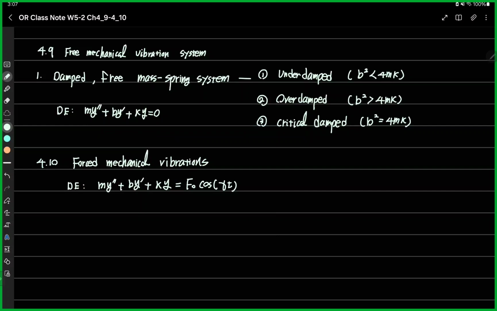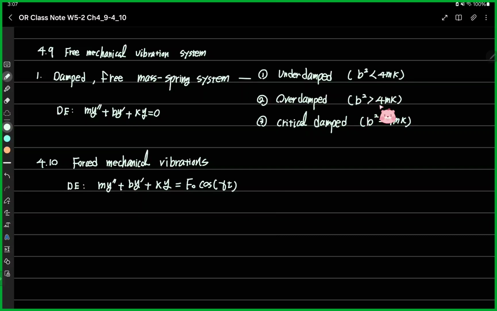So when you find the characteristic equation, the type and number of solutions of the characteristic equation will be determined by the discriminant. If b squared is less than 4mk, which means that the equation is going to have two distinct complex roots, right?